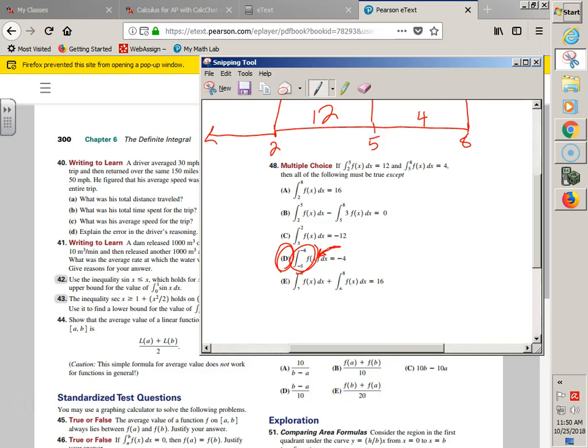I mentioned the only way that can happen is if we know something about symmetry. Then, if we knew even or odd, we could know what's going on here and then make a conclusion. But since we don't know even or odd, we have no clue what's going on over there. So therefore, that does not necessarily, it probably isn't true, and even more than that, it doesn't have to be true. So that's why that's the final answer.